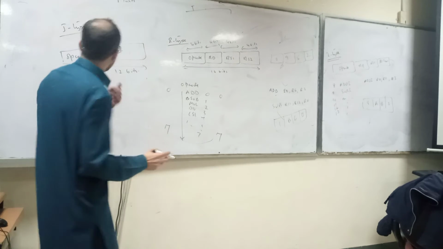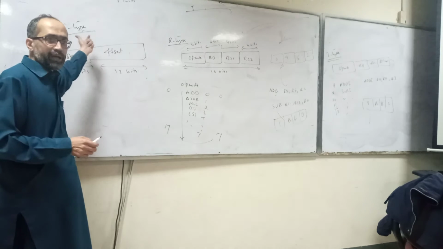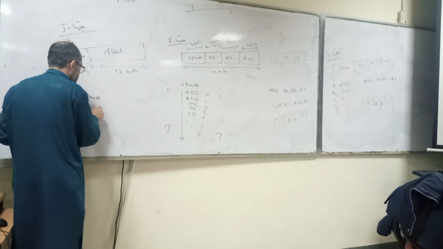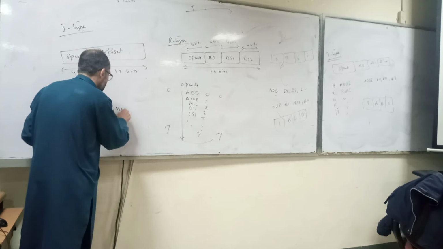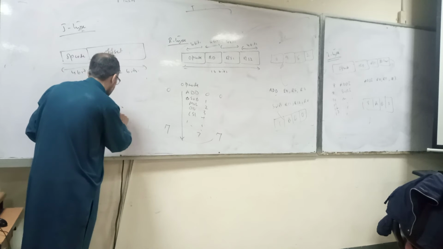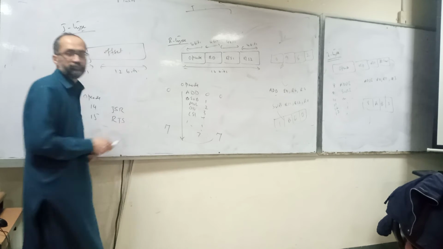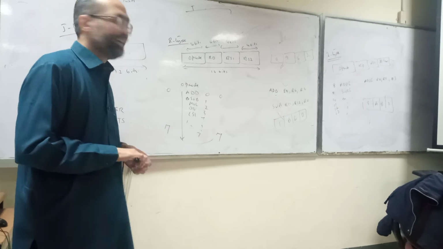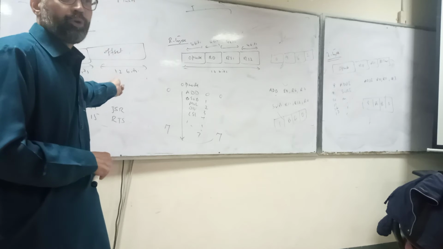So for the sake of simplicity, we assume that in this J type instruction we have 2 opcodes. So the opcode is now 14 and the opcode is now 15, and they are JSR and RSR. JSR when you want to jump to a subroutine, and RSR when you want to return from a subroutine.